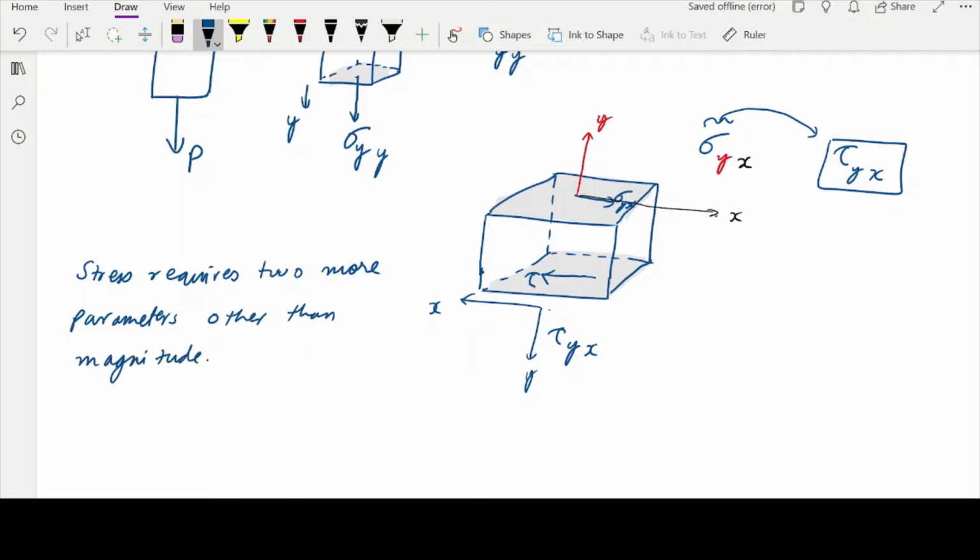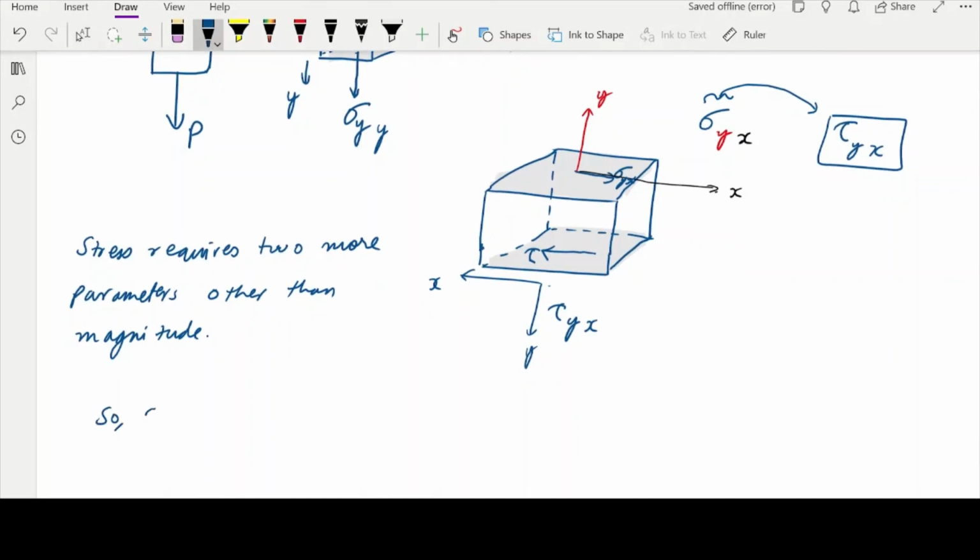And any quantity that requires n number of more parameters other than the magnitude is known as an nth order tensor. So stress is a second order tensor, right?